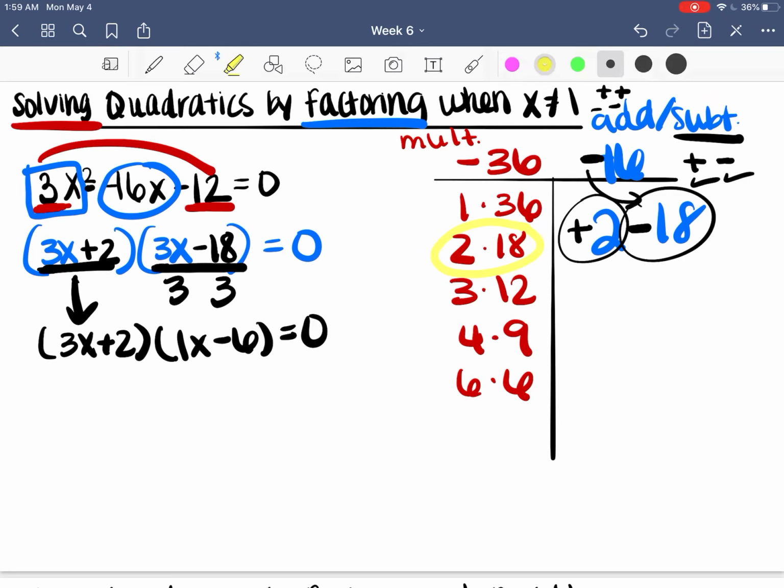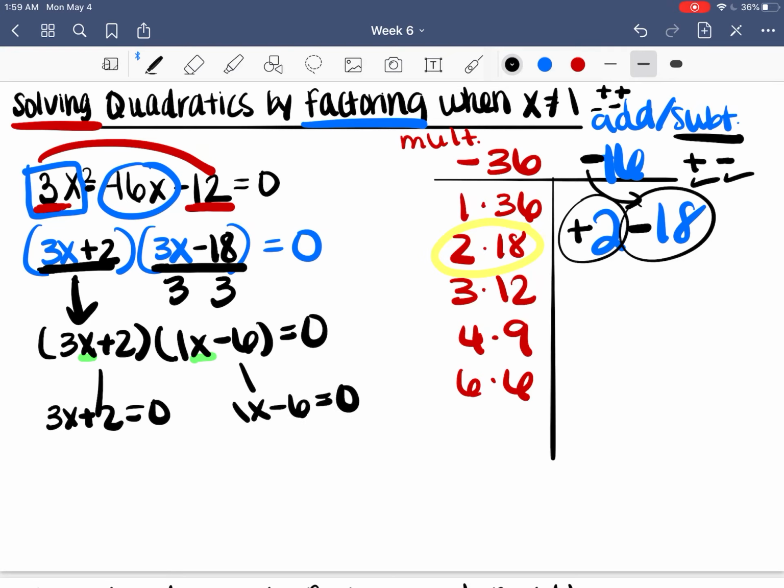Let me remind you that our goal is to get the x by itself. Is it by itself right now? No. So that means that there's at least one more step to do. I'm going to take each of these parentheses and set them both equal to 0 to find out what your x is equal to.